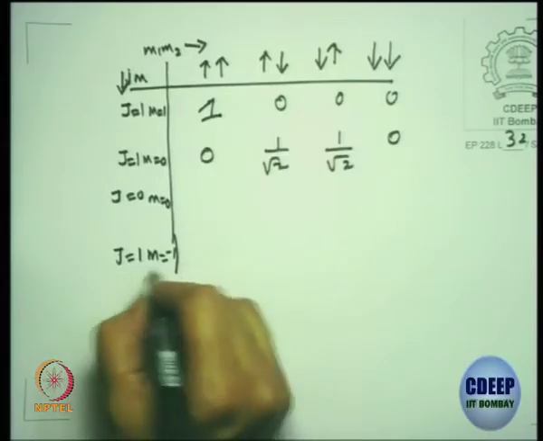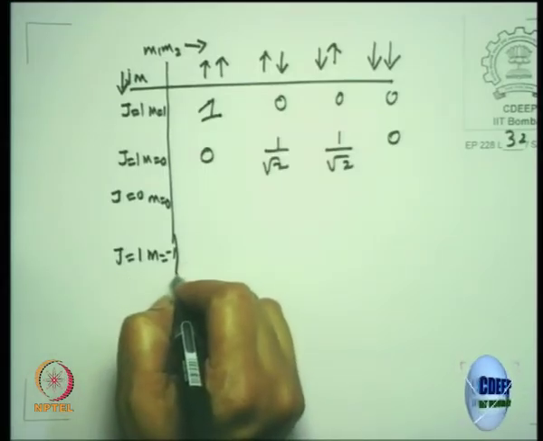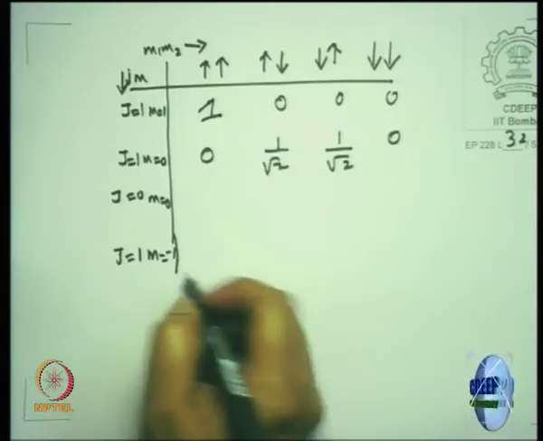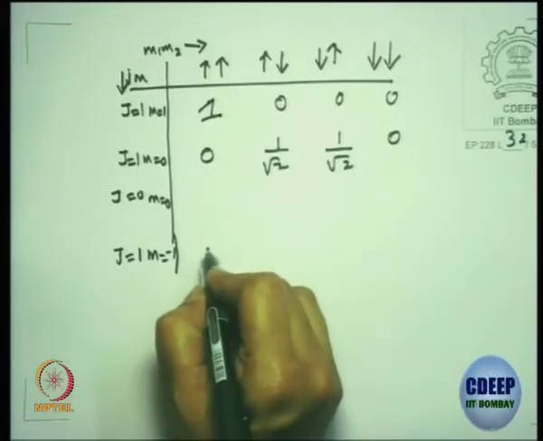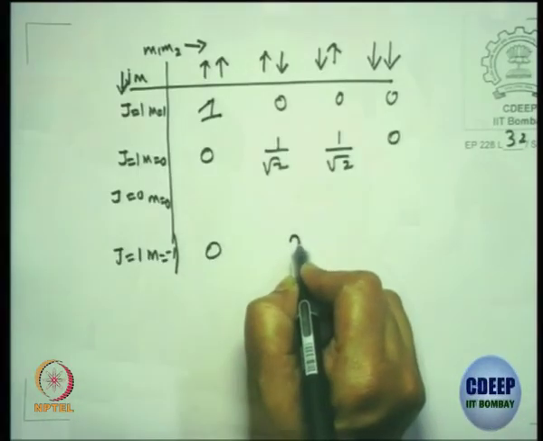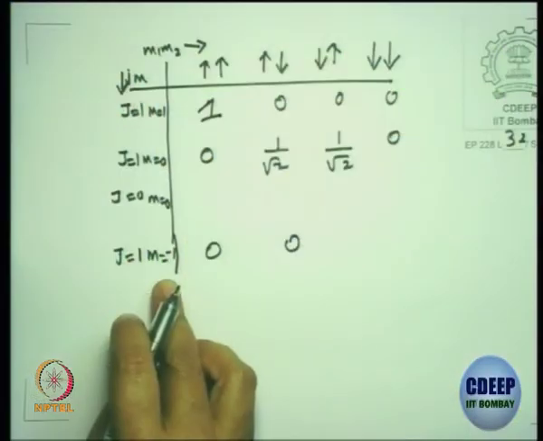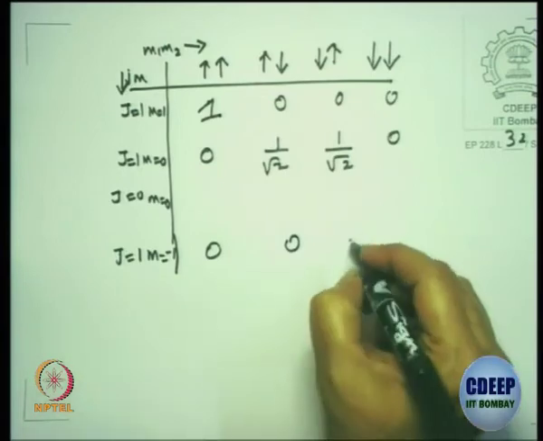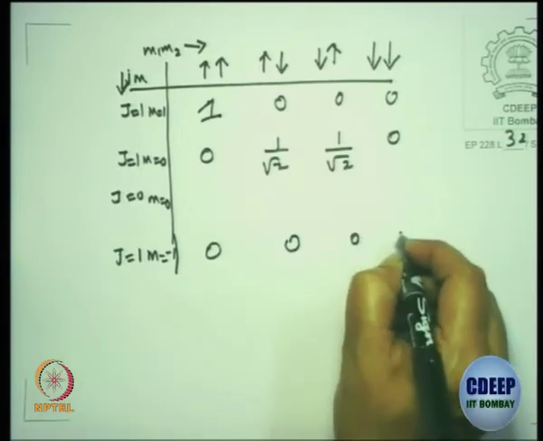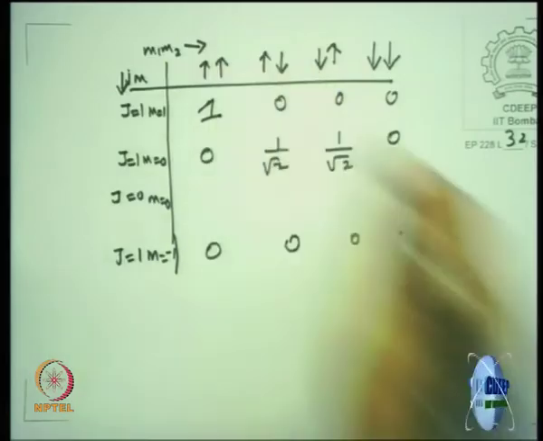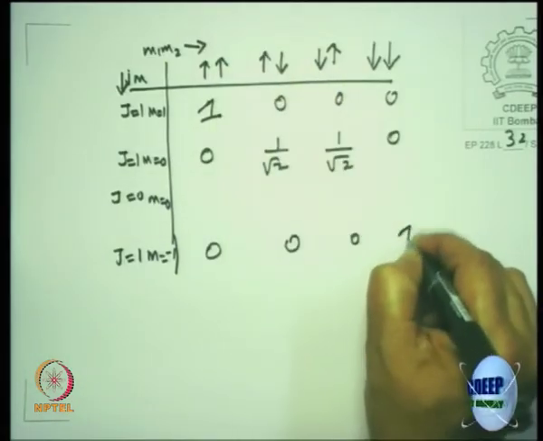What about j equal to 1 and m equal to minus 1? Which one will contribute? Will this contribute? Why won't it contribute? M1 plus M2 should add up to minus 1. Which is the only possibility? This one. So this is the lowest stretch state. That also I can put to be 1.